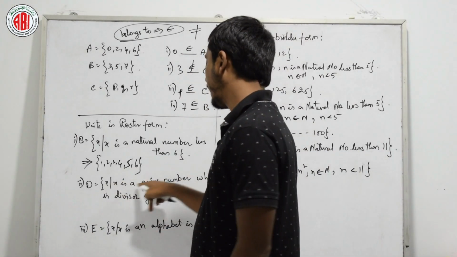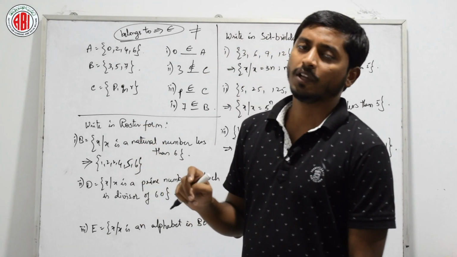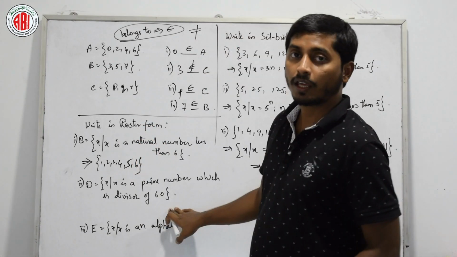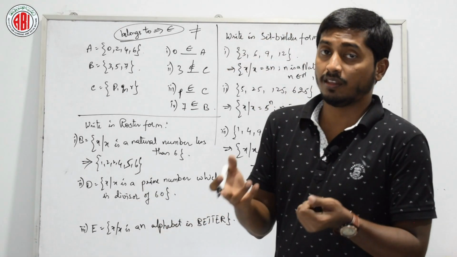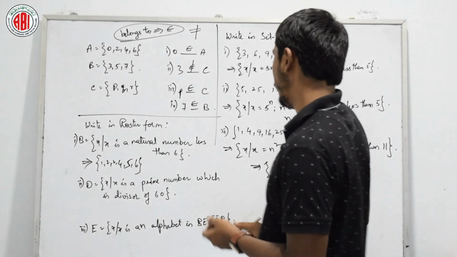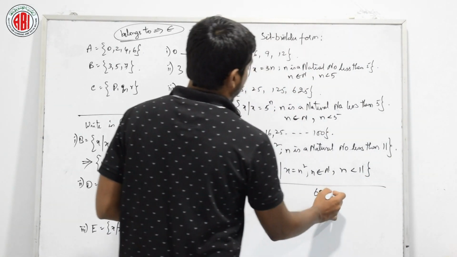That is x such that x is a prime number which is a divisor of 60. Right? Okay. See here. What are the divisors of 60? That is, what are the factors of 60? Again, without these basic things we can't do anything.